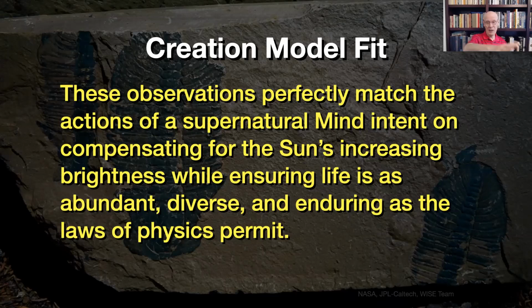And they don't comment on what I'm saying here. This is not in their book. This is unique to us at Reasons to Believe. As far as I know, we're the only ones making this point.